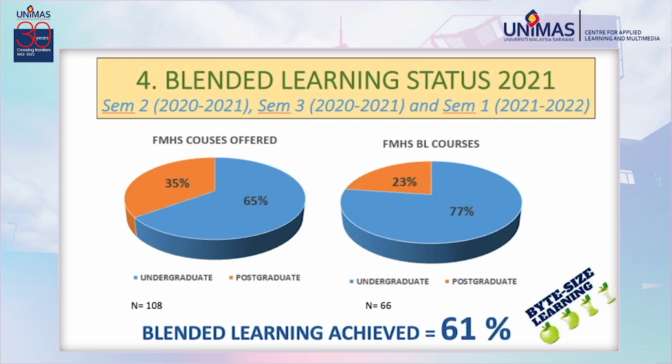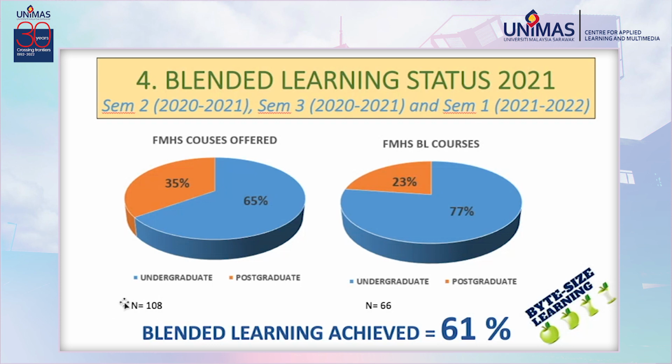Now, next is a review of what happened in last year's blended learning status for our faculty, only for our faculty. We achieved about 61%. Let me break down for you what the percentage means in terms of the number of courses that we offered. The total number of courses that we offered was 108.